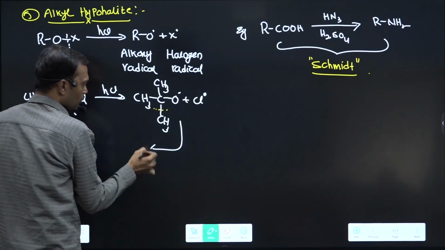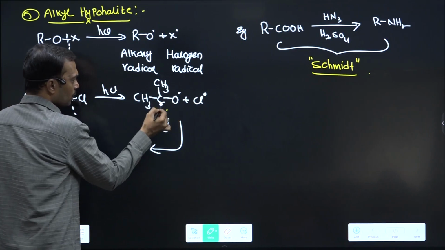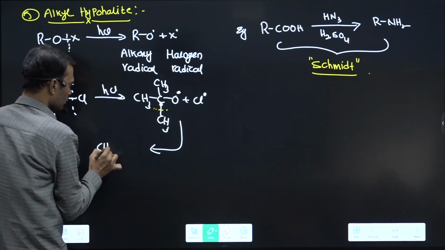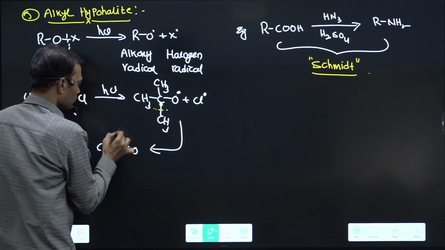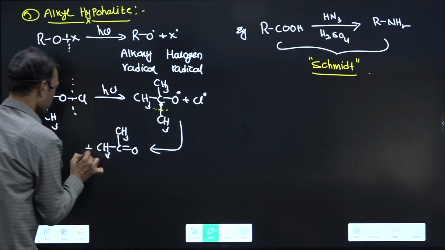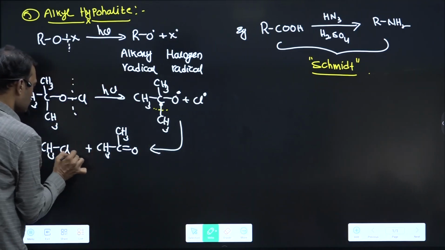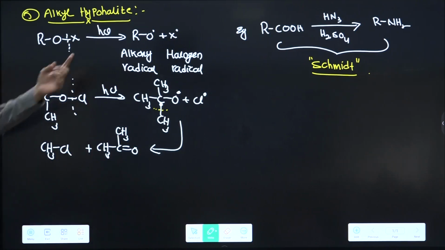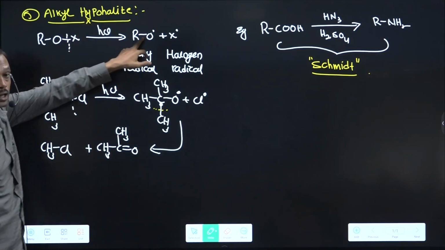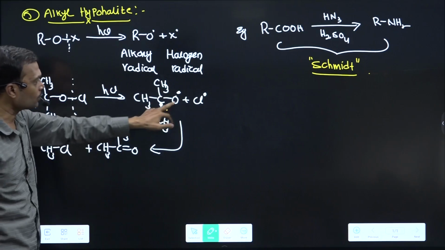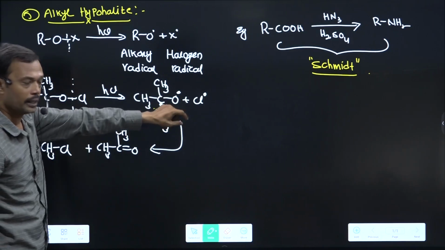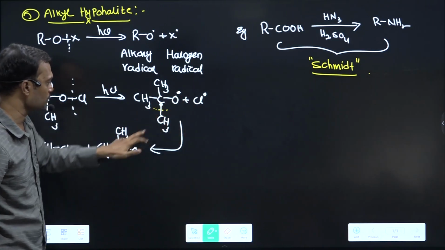After breaking, this carbon radical becomes a carbonyl compound, and there is a formation of methyl chloride. This is a common answer. So photolysis of hypohalite always gives alkoxy and alkyl radical, and these two radicals are stabilized by this cleavage. That is the answer.